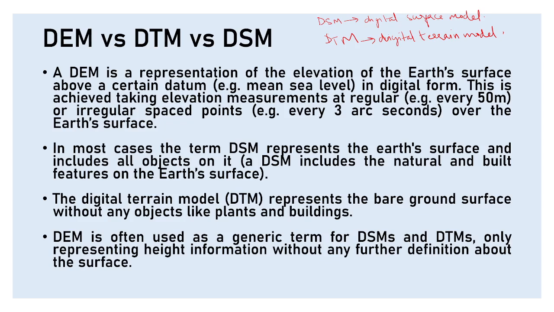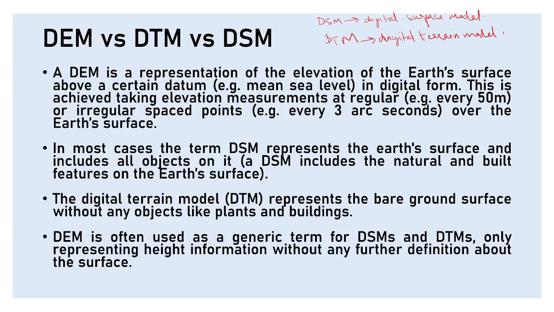Most of the time they don't use DEM, DTM, DSM separately. DEM is often used as a generic term for DSMs and DTMs, a more generalized one, where everything is accounted for. But it only represents height information without any further definition about the surface.